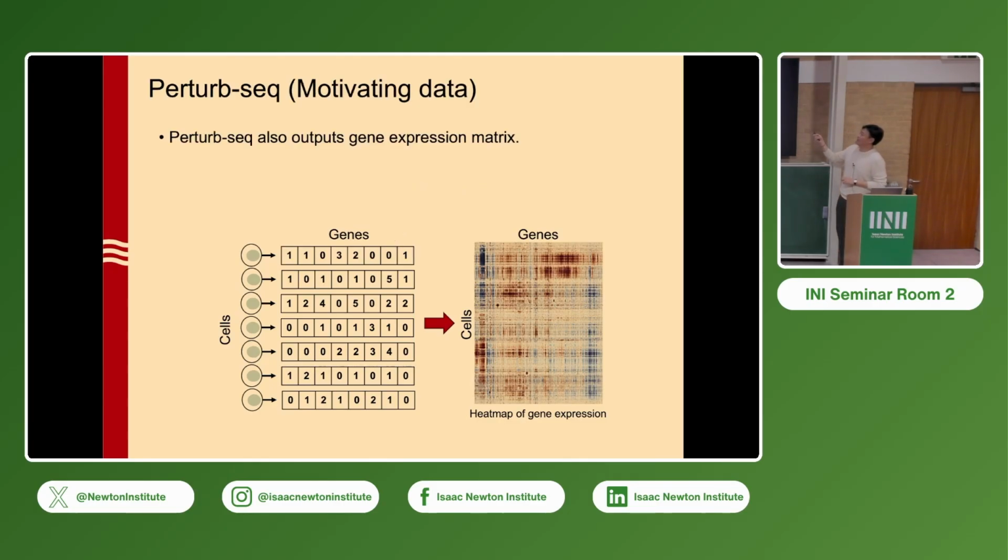So the motivating data is called Perturb-seq. Perturb-seq is an interventional version of this single-cell RNA-seq. This also gives you something similar to this expression level matrix, a cell by gene matrix filled with expression. But here, you can intervene on each individual gene's expression level by lab experiment.